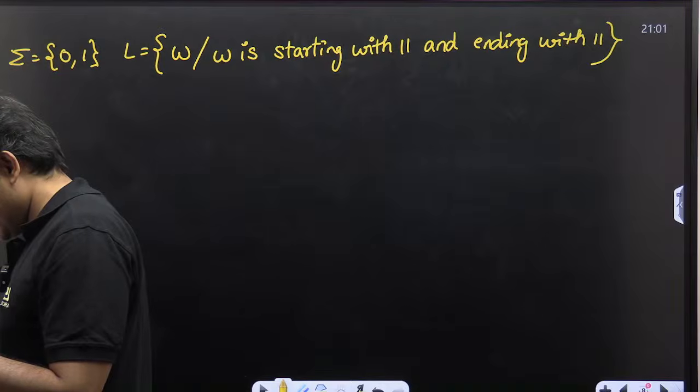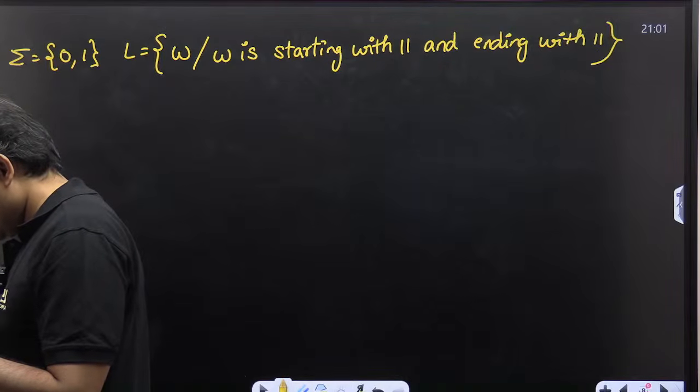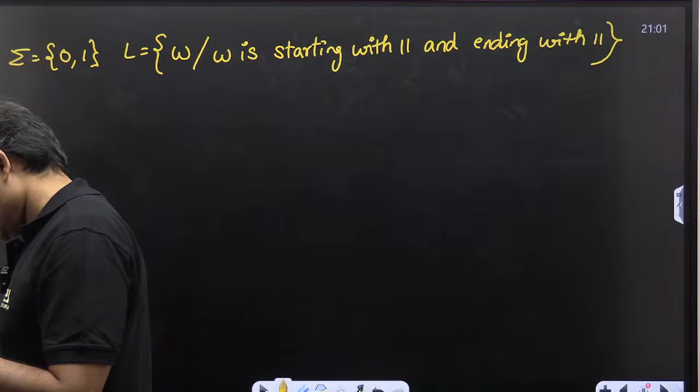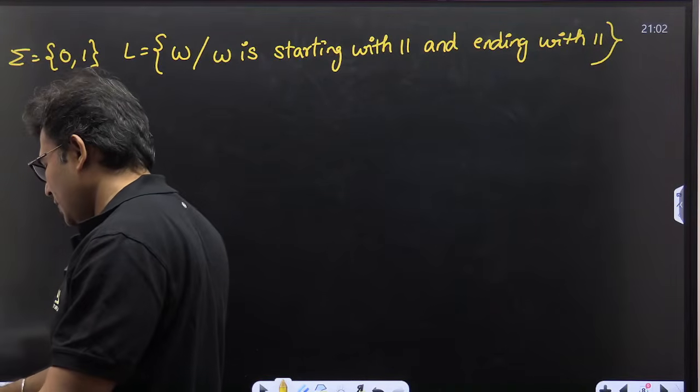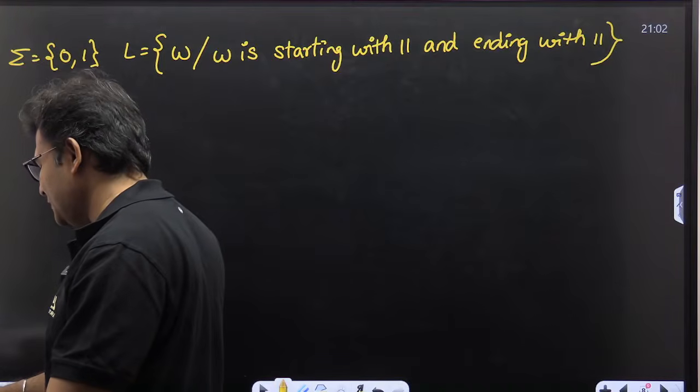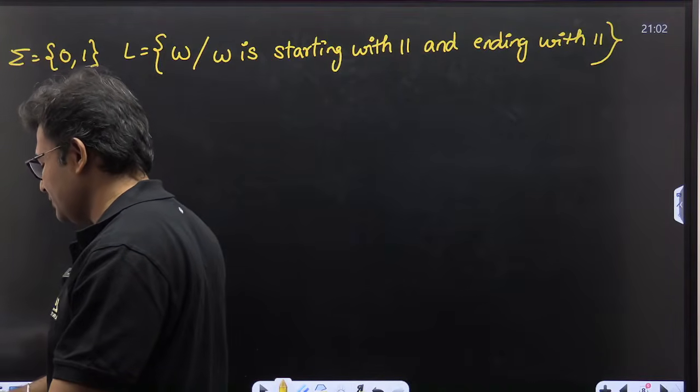Yeah, Kush, you are right. Take my love. Ajay, very good. I mean, you have tried it. A little bit mistake is there, but your approach is very good, Ajay.